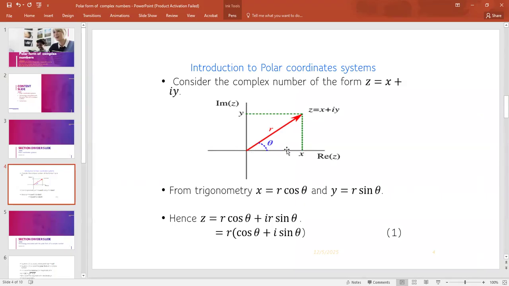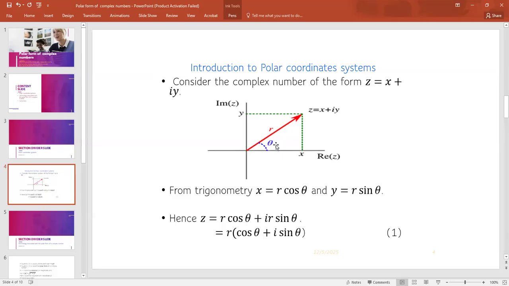We move on the real part to locate x, and we look for the corresponding y coordinate, which is y here. After that, we draw an arrow from the origin to the point, and we represent r to be the length of that arrow, and theta to be the angle between the real part and the complex number, and that angle is represented by theta.